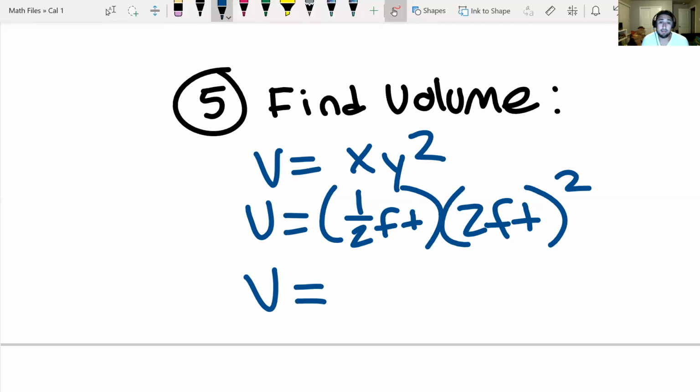And if x is 1/2 and y is 2, this means that the maximum volume this box can have is, well, that's 4 times 1/2. So the maximum volume this box can have is 2 cubic feet.